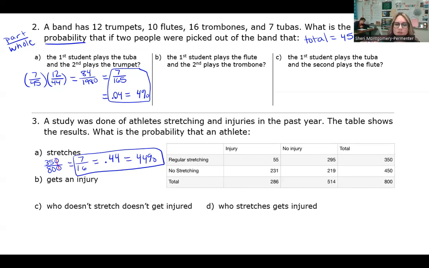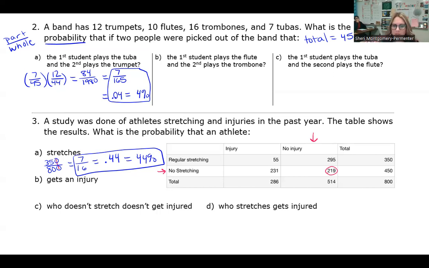The next one that we're going to do together is part C. For part C, it says, what's the probability that an athlete who doesn't stretch doesn't get injured? For that one, we have to look at no stretching. So doesn't stretch and doesn't get injured. So that's that number.